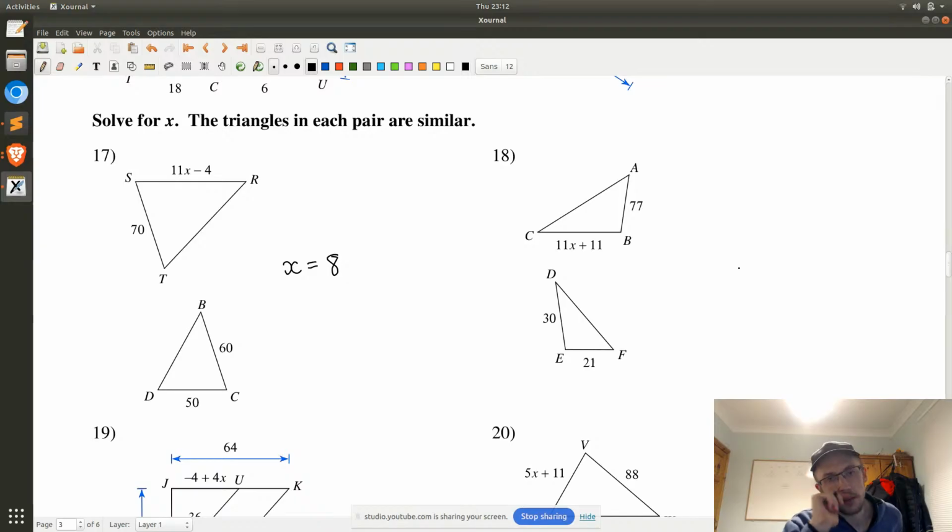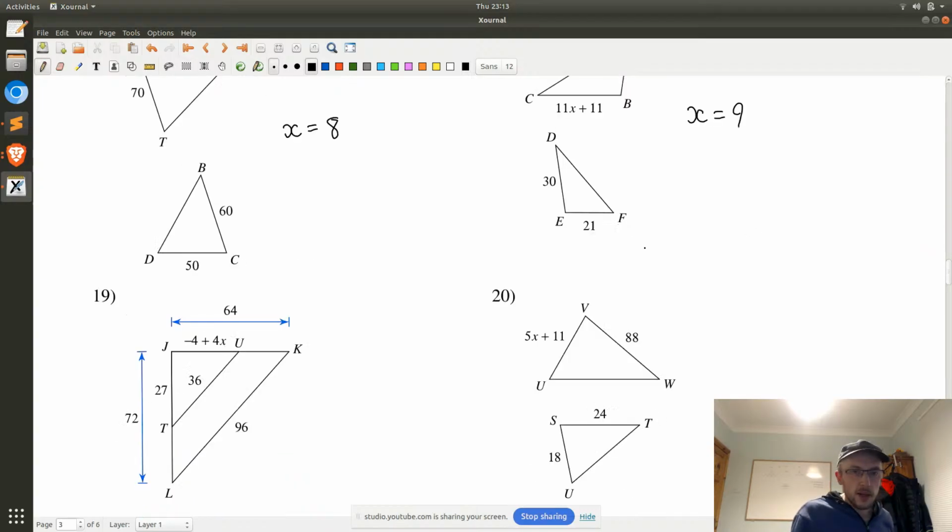Not quite sure what's going on here. Surely divide by... No, I get it now. Okay, so x is 9. And that's correct, and that's good.